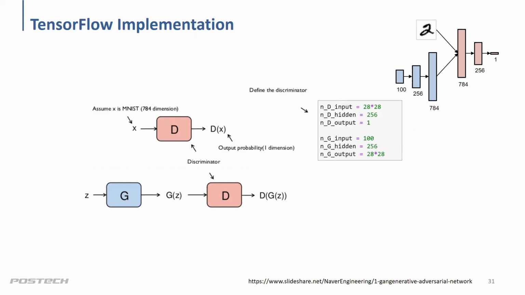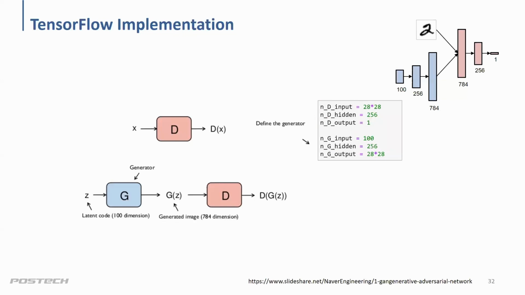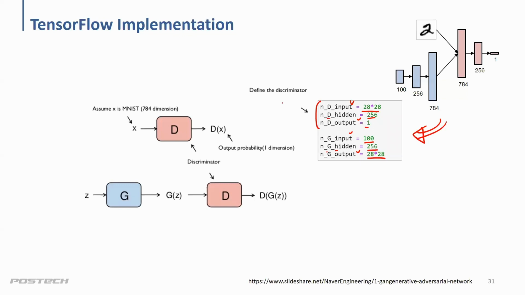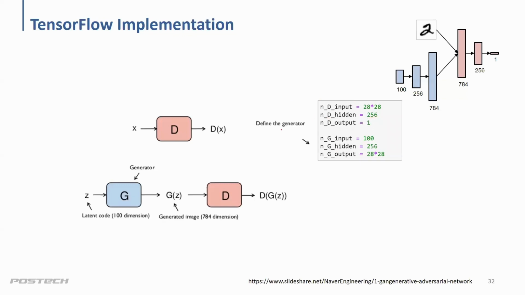So say we have inputs and outputs for the discriminator and the generator, and hidden layers for the discriminator, and another set of hidden layers for the generator. So this will be the number of neurons from the GAN structure that I proposed. This part is for the discriminator and this one for the generator.